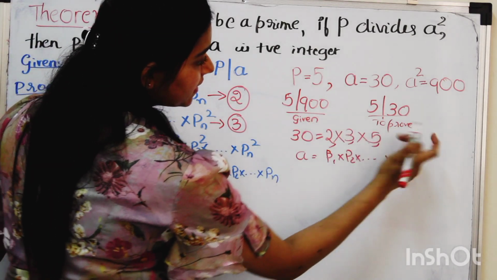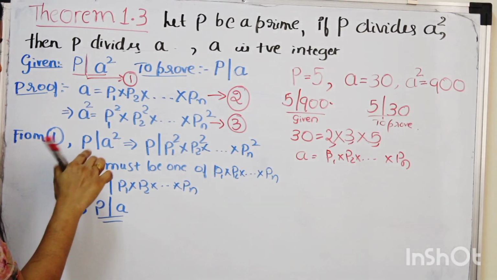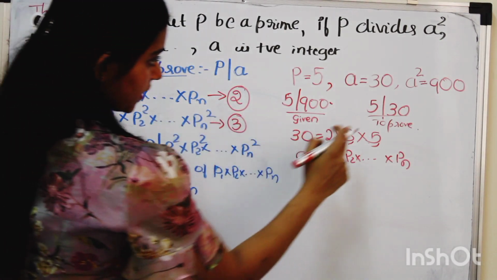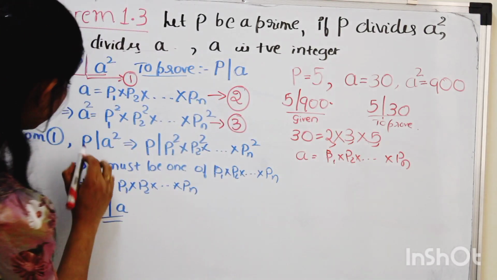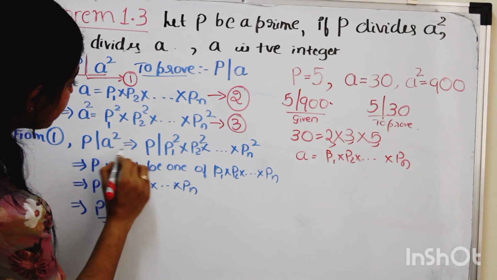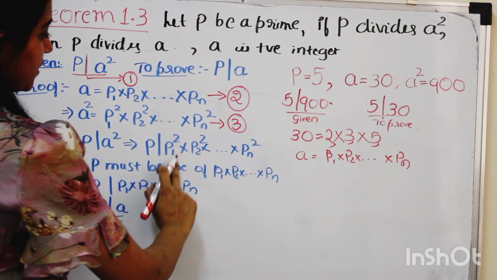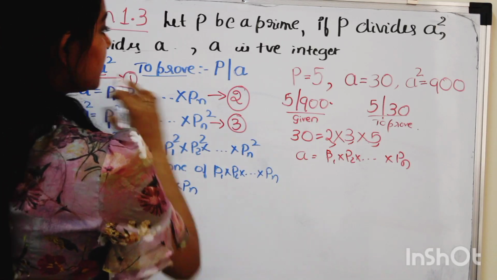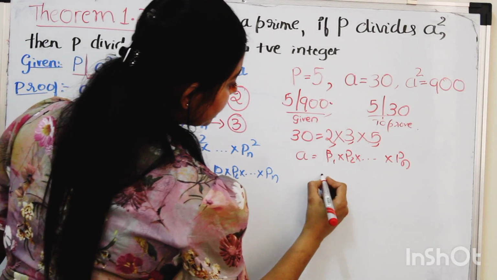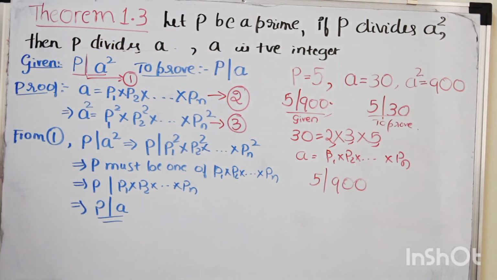Means here we have P divides A square, and instead of that they wrote P divides P1 square, P2 square into Pn square, correct? So given what we have here, 5 divides 900.